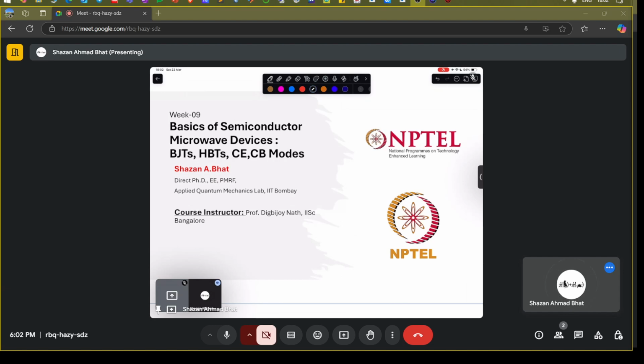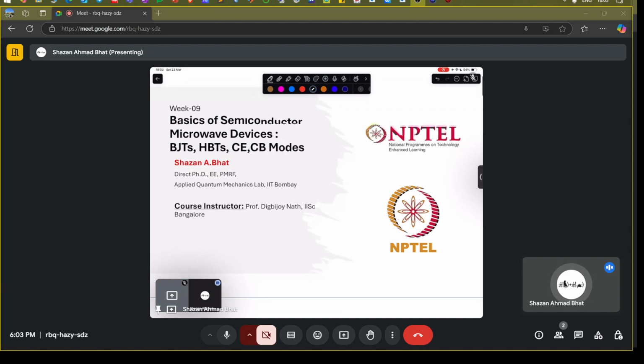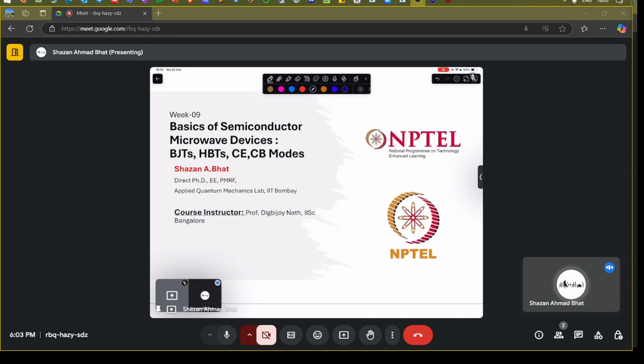Okay, so we'll get started with this session, and what we are going to cover is BJTs mostly, the common emitter and common base configurations, and we will be covering certain physics-based effects, mostly the physics aspects, not the circuit part of it.